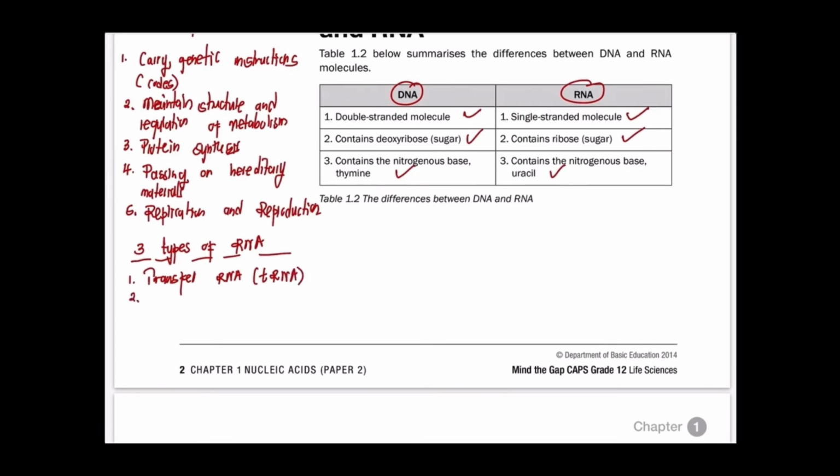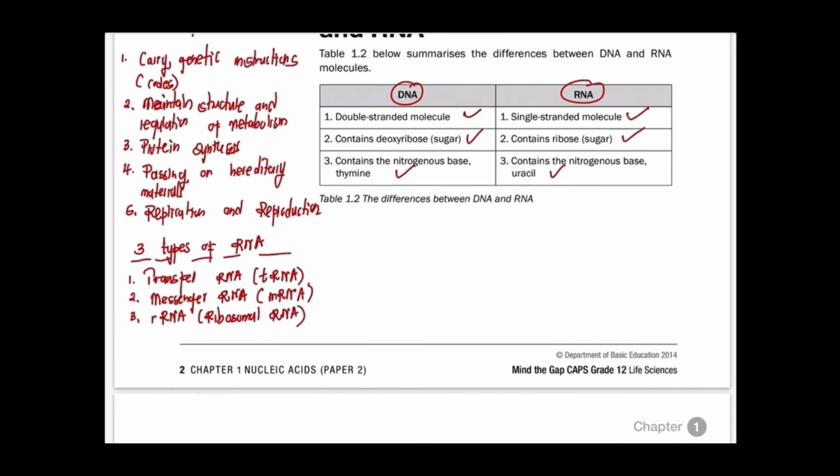The second one is messenger RNA, which is also known as mRNA. The third one is rRNA, which is known as ribosomal RNA.